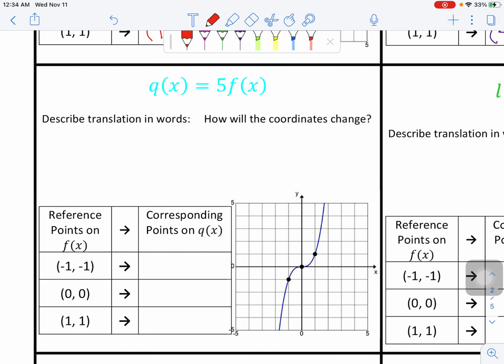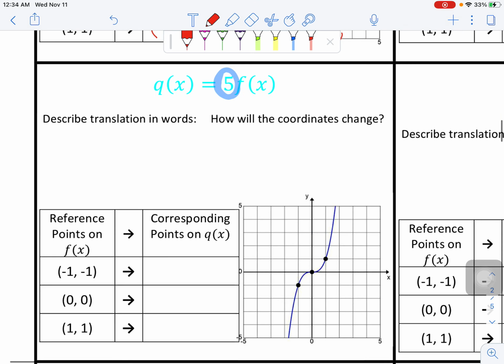Okay. So we've got q of x here is equal to 5 times f of x. So if your function is being multiplied by something, in this case it's 5 times f of x, this is a vertical stretch by 5.